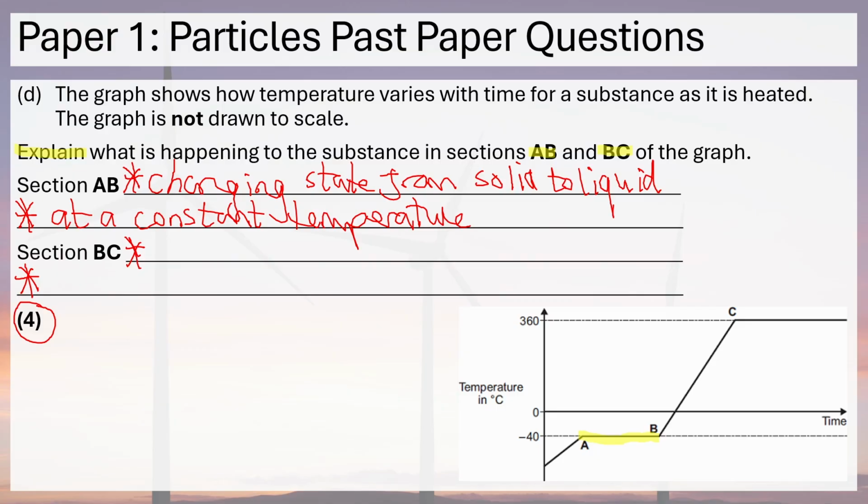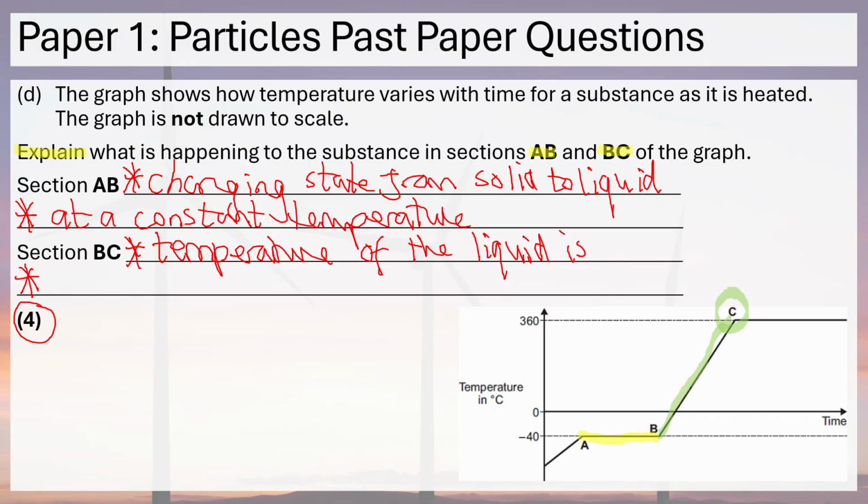Then if we look at BC, then obviously the temperature is increasing, it's going up, but we mustn't forget it finishes at C, so we need to comment on what is happening at point C specifically. So the first bit here is for saying the temperature of the liquid is increasing.